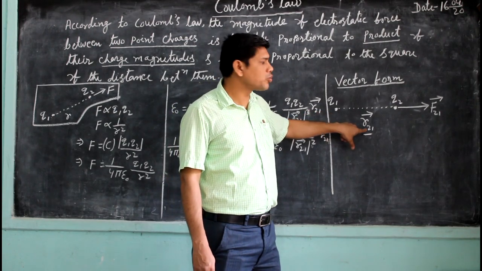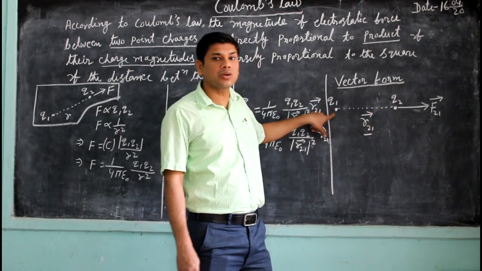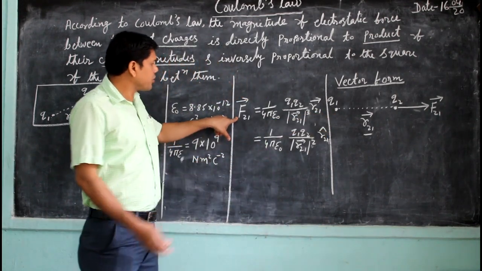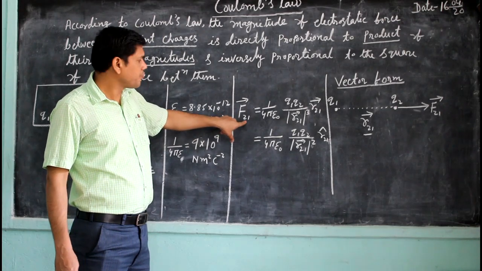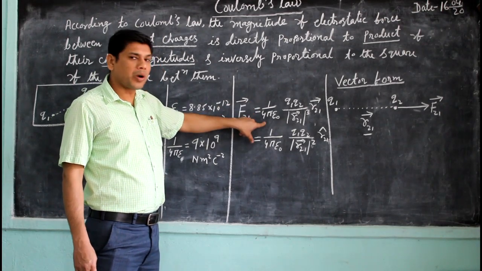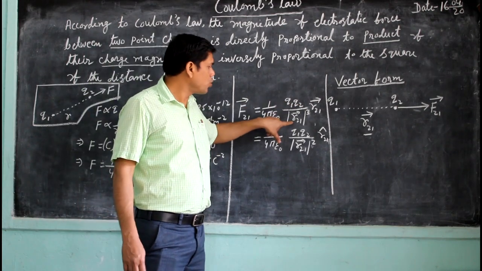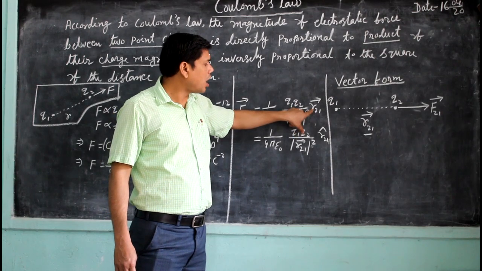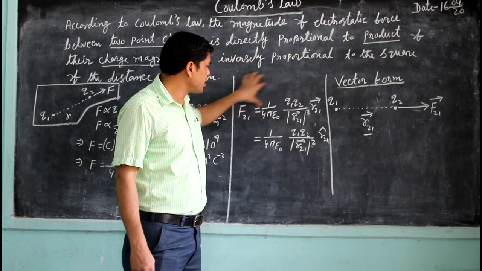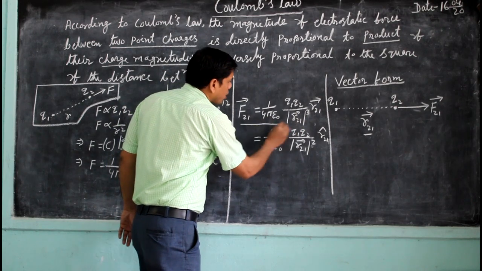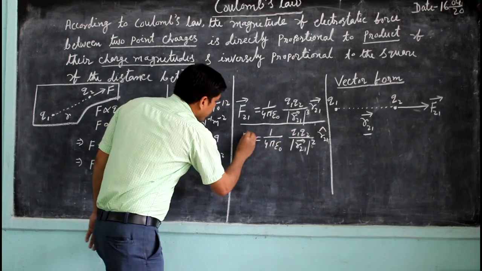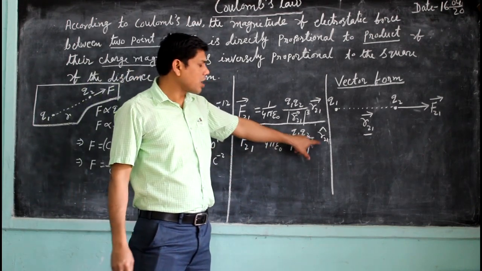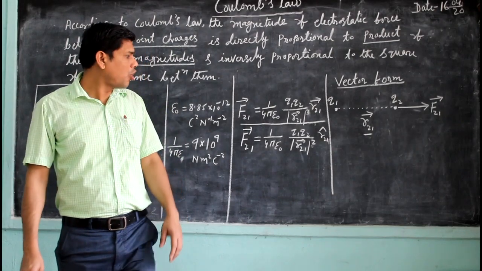In the same way, mathematically we can write vector F21 equal to 1 by 4 pi epsilon naught Q1 Q2 by modulus of R21 whole cube, times vector R21. This is in terms of vector R21, and this is F21. This is also in terms of unit vector R21. This is the vector form of Coulomb's law.